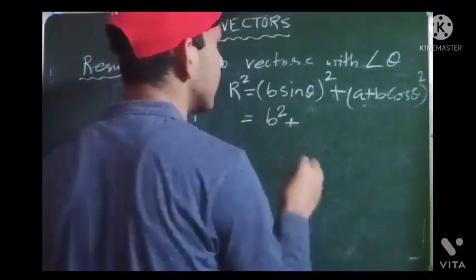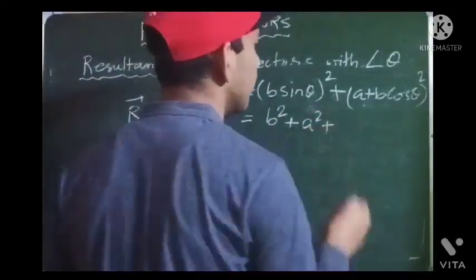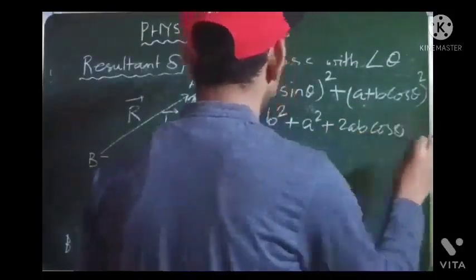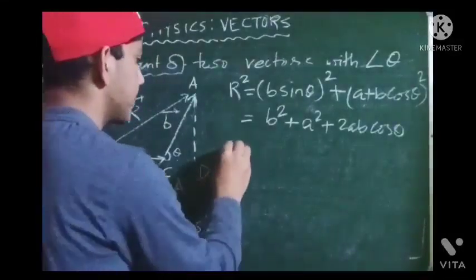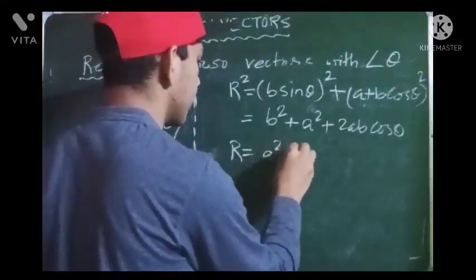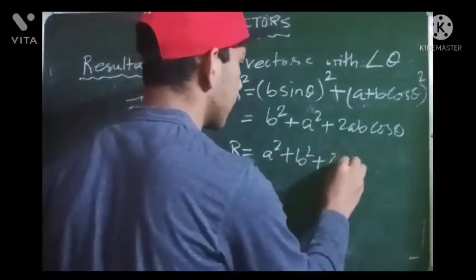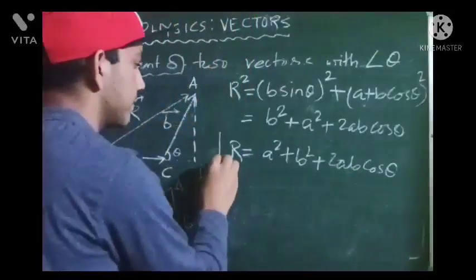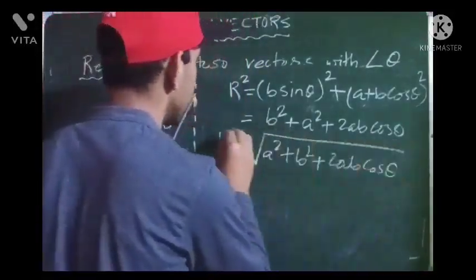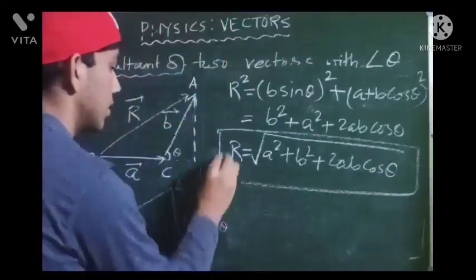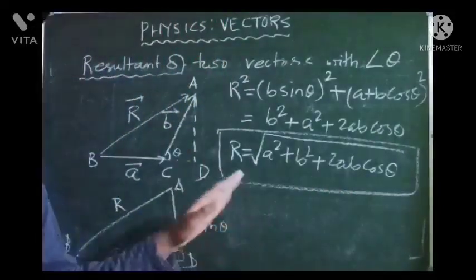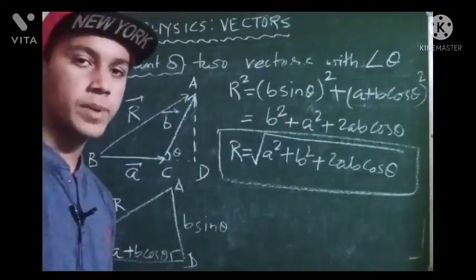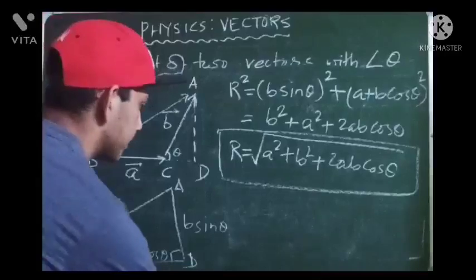So we get b square plus a square plus twice ab cos theta. Again we are going to get the same result. In this way we can find the resultant of two vectors, a vector and b vector. We have discussed the two methods of finding the resultant.